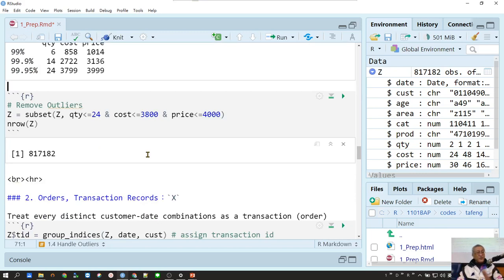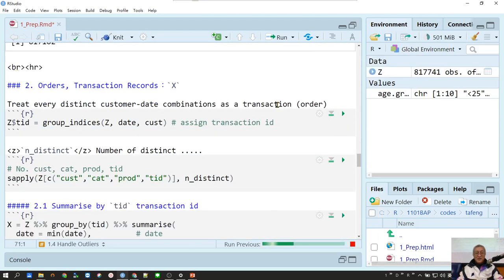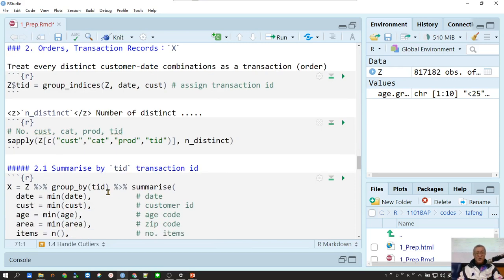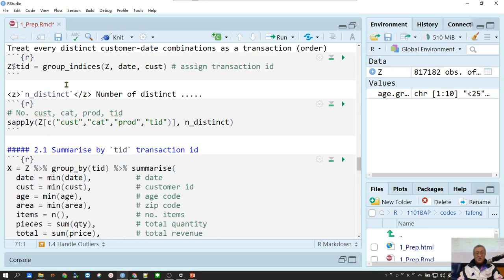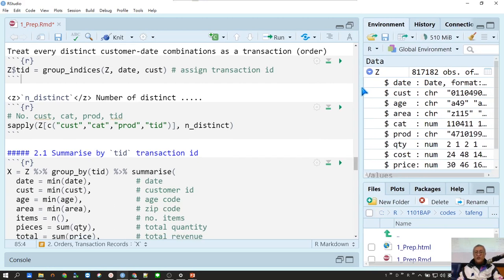All right, so after cleaning the Z data set, which is the data of items, now we start, as I told you, to aggregate items into transaction orders. First of all, this data set has a very strange thing.